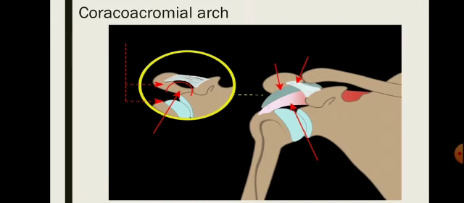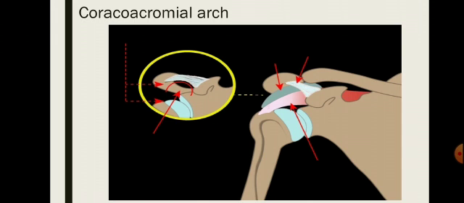Here you see, it is formed by three different structures, the circled one. You have the coracoid process, the acromial process, and the coracoacromial ligament, and these three structures together form the coracoacromial arch.